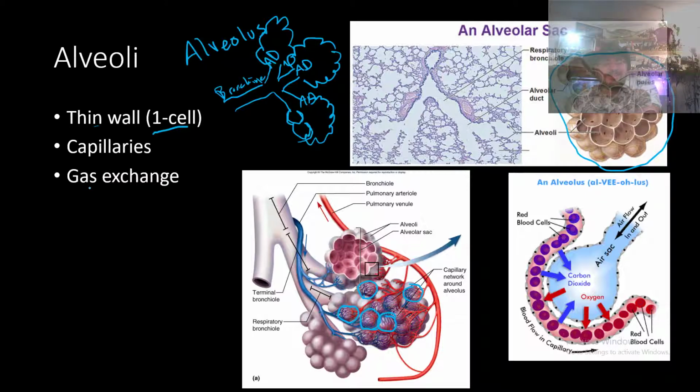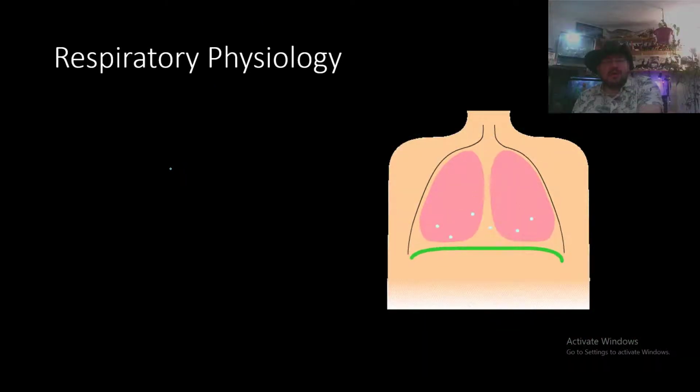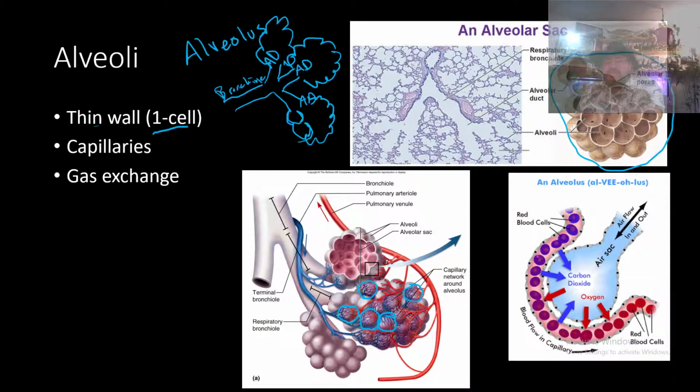And these little tiny alveolus grape sacs are where gas exchange actually occurs. So gas exchange is pretty simple. It's just diffusion.